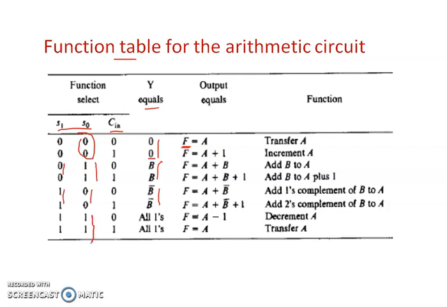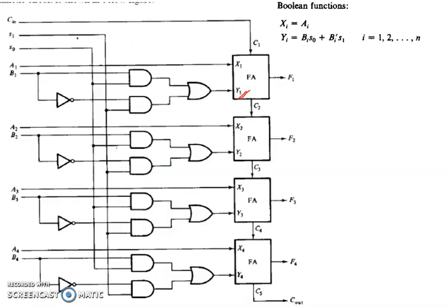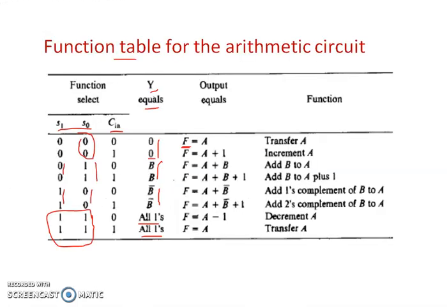If both S0 and S1 are 1, then Y will be equal to all ones. This is how the Y value depends on S1 and S0 that we saw in the truth table earlier while deciding the input B. So this is the function table for the arithmetic circuit that we have designed.